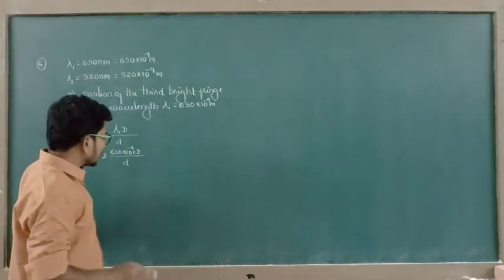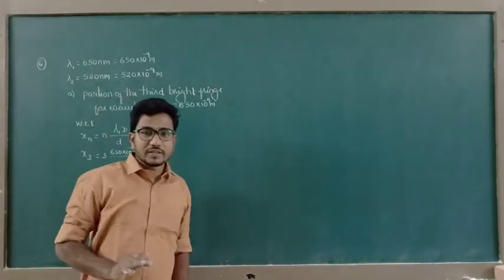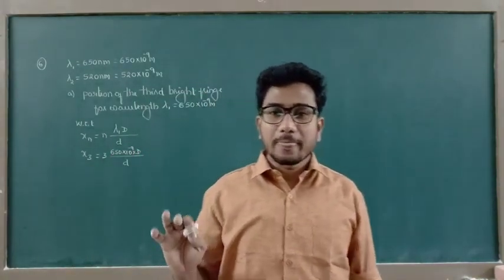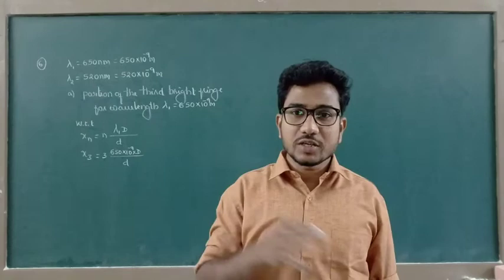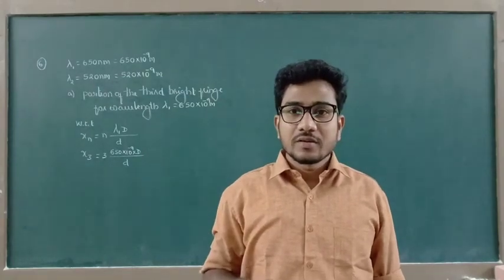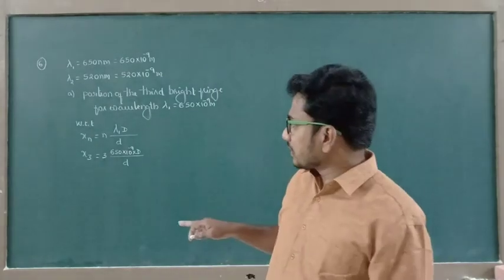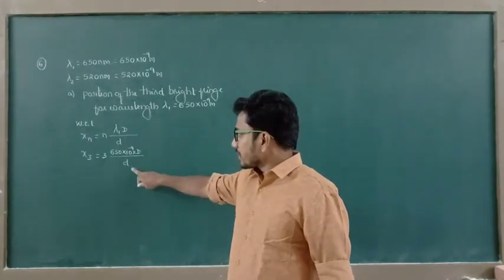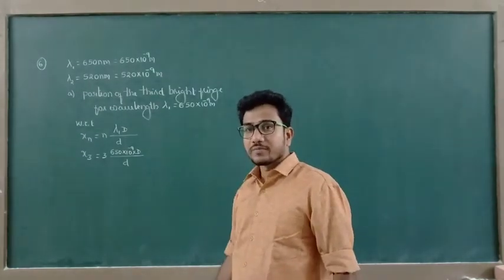Here they have not mentioned capital D and small d, that is the distance between the two slits and the distance between the double slit screen and observation screen. So we can consider these two as they are, capital D and small d.